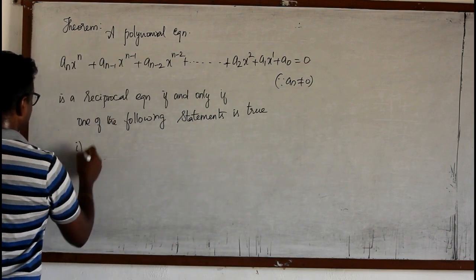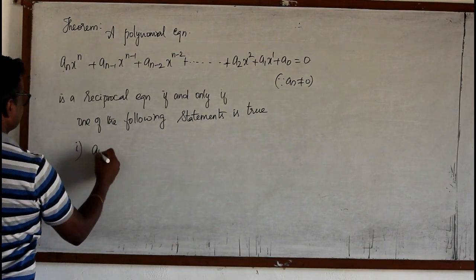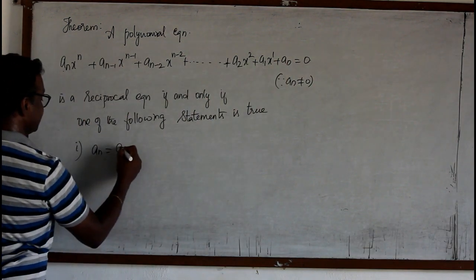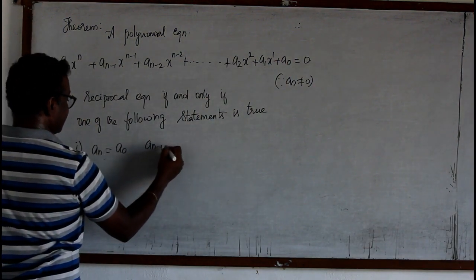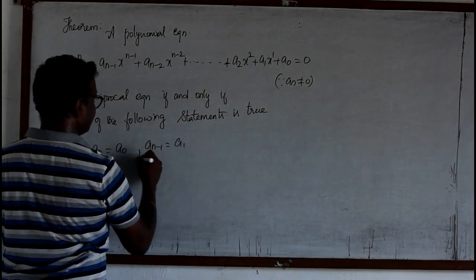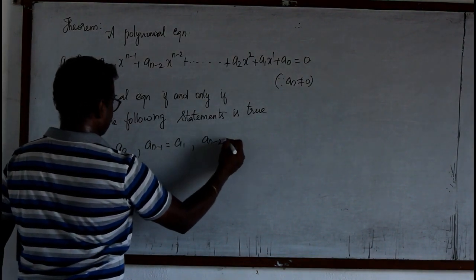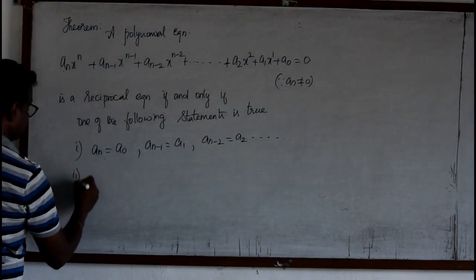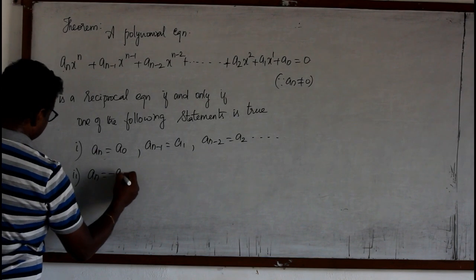That is, the first statement is that the coefficient of x power n must be equal to the last term a0, a n minus 1 must be equal to a1, a n minus 2 equal to a2, etc. Or a n must be equal to minus a0.